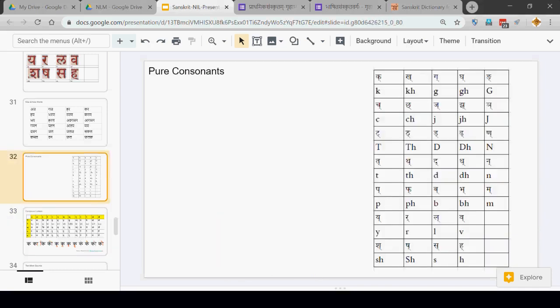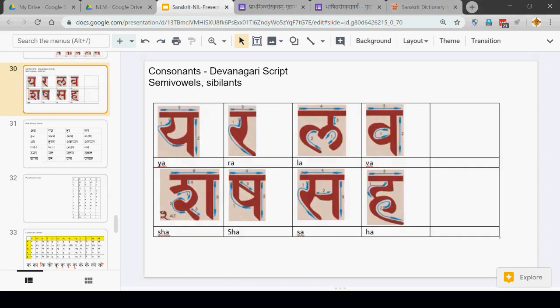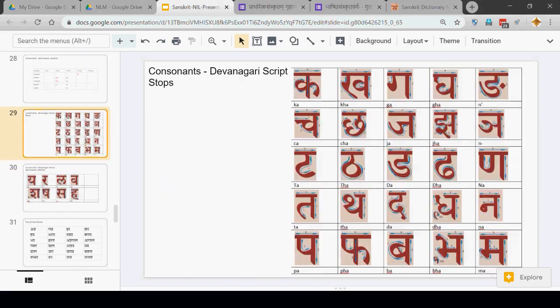So all the consonants which are shown here or here or here, they follow the same pattern while writing by adding a vertical line.